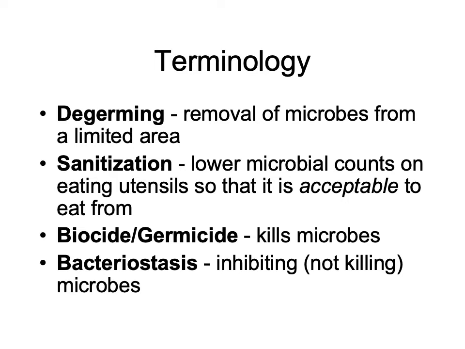Sanitization is lowering microbial counts on eating utensils so that it is acceptable to eat from. So, some of you might have a sanitization button on your dishwasher, and when you push that, it specifically sanitizes your dishes and your eating utensils in your dishwasher.